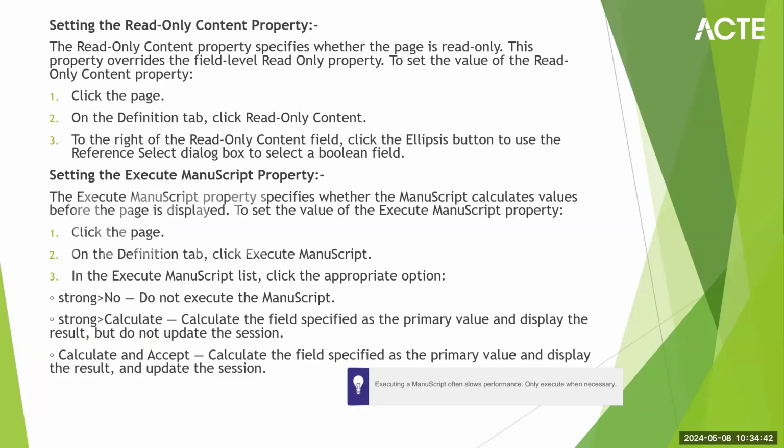This is one time. Calculate and accept: calculate the field specified as a primary value, display the result and update the session. Executing a manuscript often slows performance, so only execute when necessary.